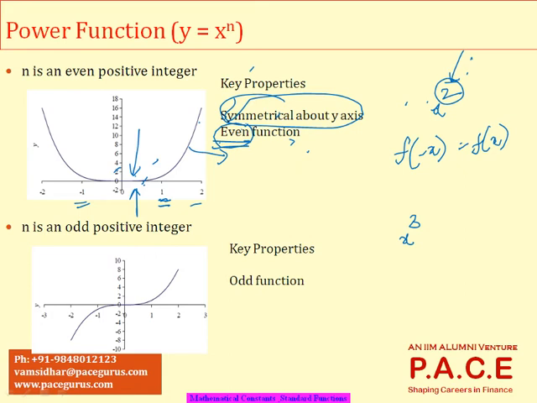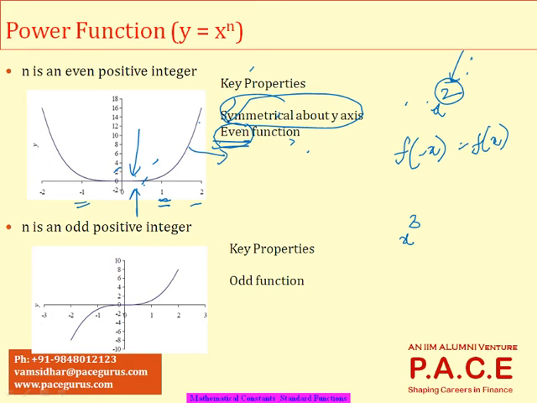Both of them are the same. That is when I call that particular function an even function. And whenever we find an even function, the graph of that function will always be symmetrical around the y-axis itself. So when n is an even value in x power n, we see that the graph will be symmetrical about the y-axis, and we call such kind of function an even function.